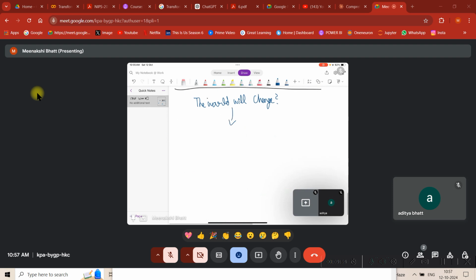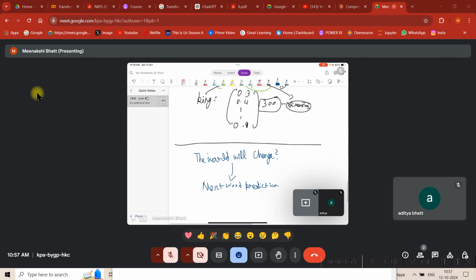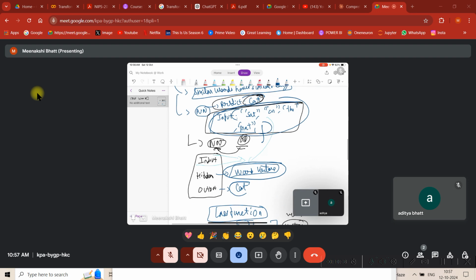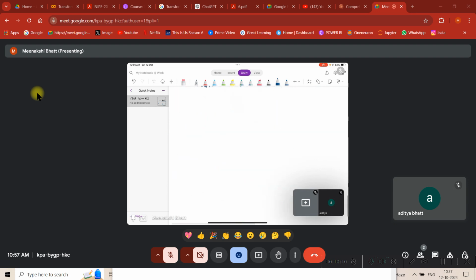The thing is, next word prediction is a simple thing only. The same way I explained Word2Vec, I told you that based on this input I need to predict cat. Next word prediction, learning. So guys, let's say I give you a riddle.